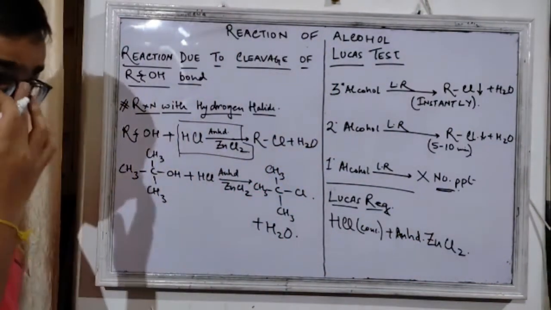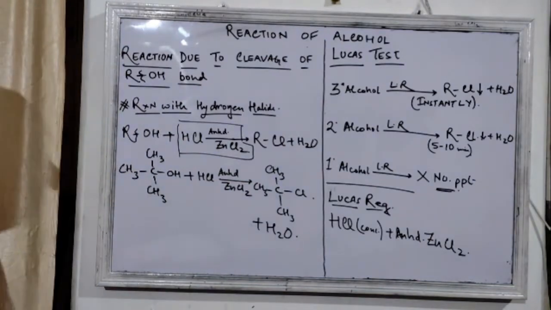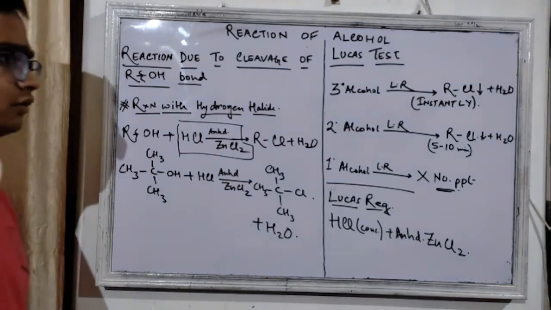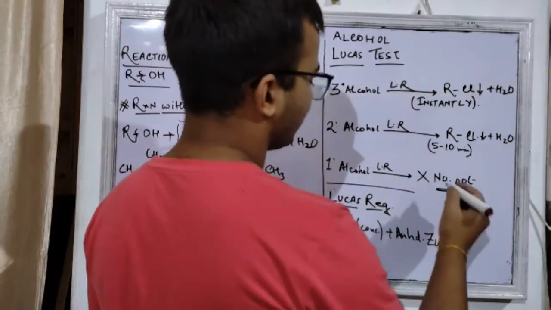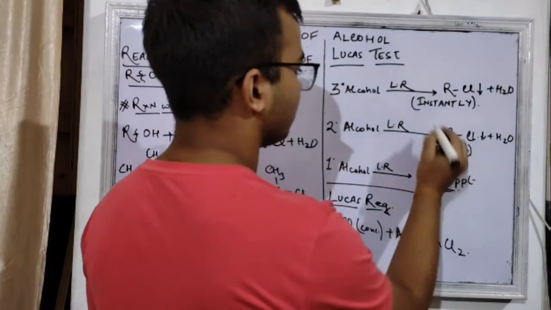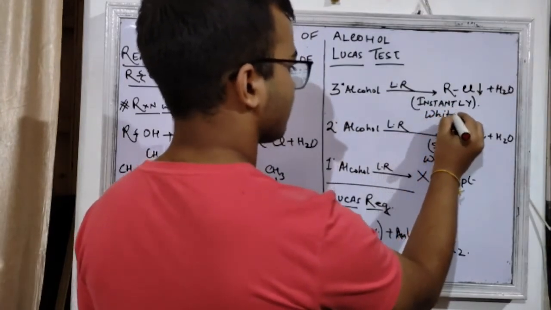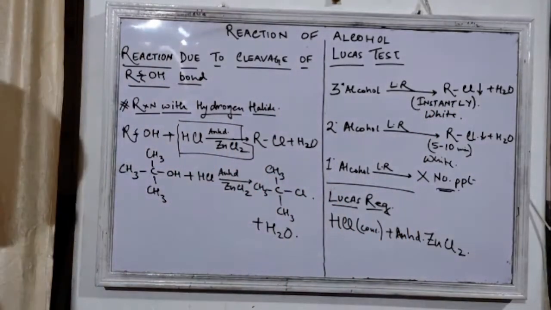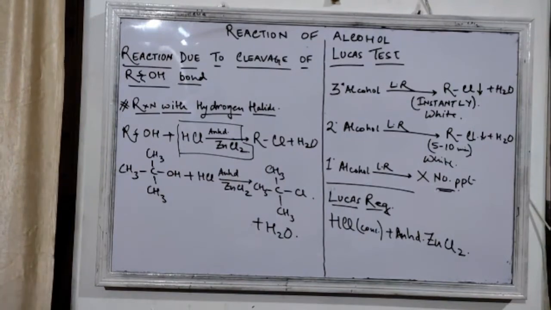Clear? So this was about the Lucas test, which you can do to identify the type of alcohol. Now, just remember that this is a white precipitate. Clear? So, copy it up to this much.